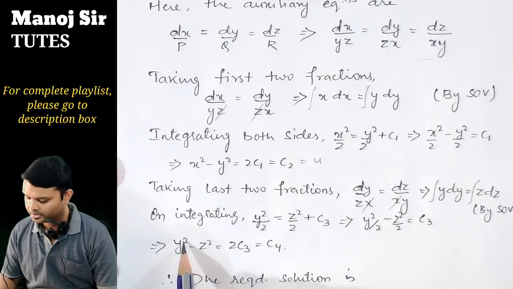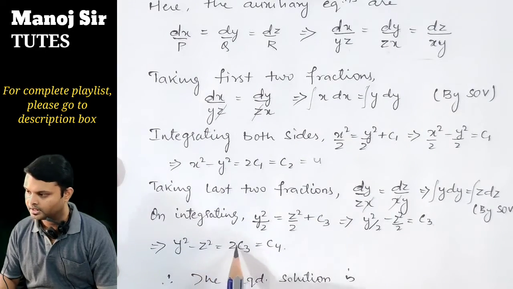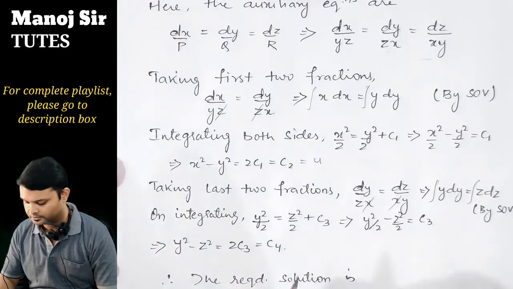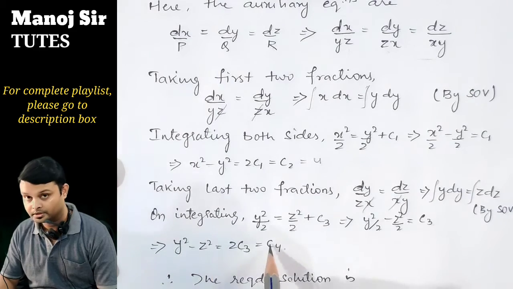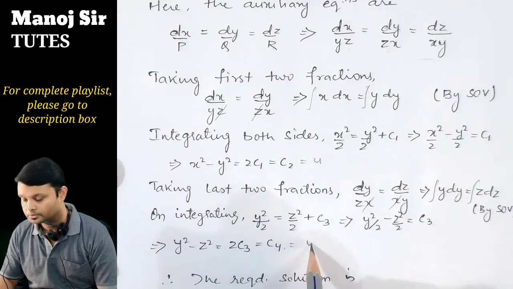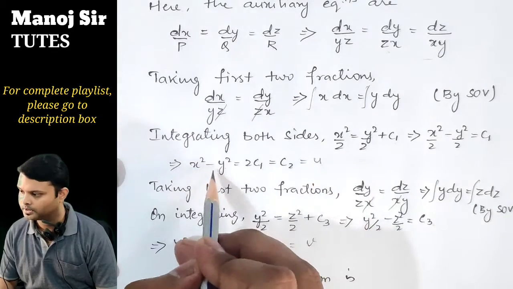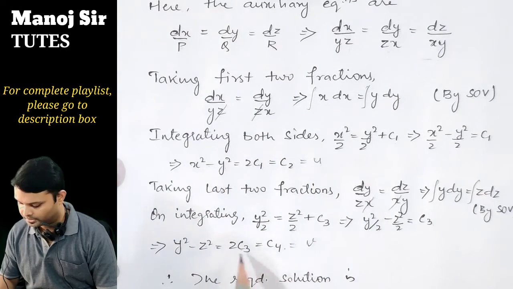This will become y square minus z square equals 2 times c3, and this is a constant, so we can take another constant, that is c4. So y square minus z square equals c4, and this is nothing but your small v.